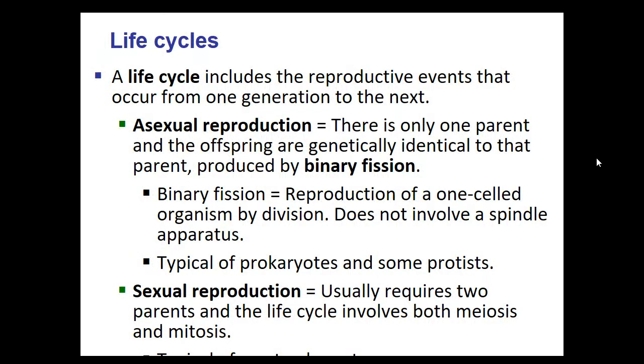Okay, life cycles. Life cycle is just everything that happens within the life of an organism, from the time that it's formed until the time that it dies or produces the next generation.